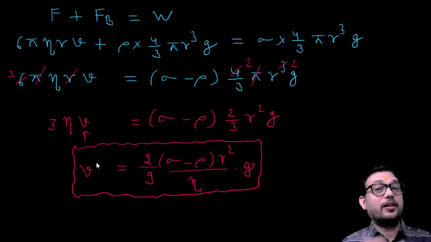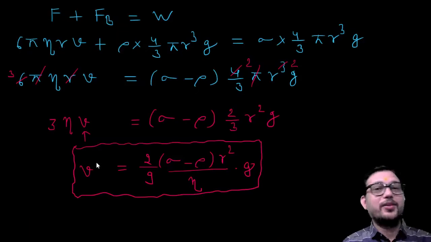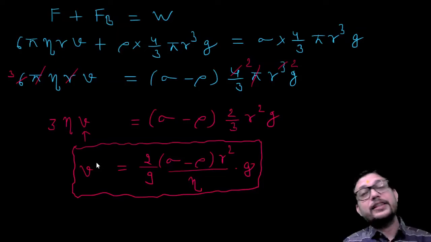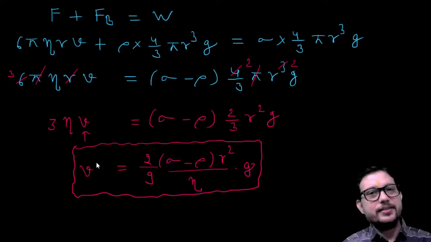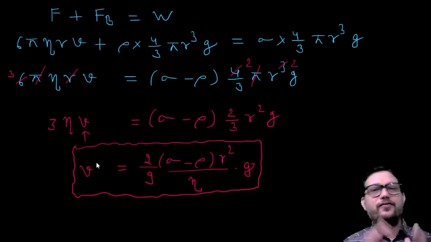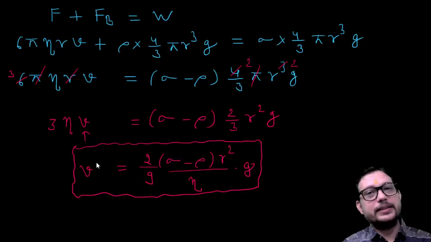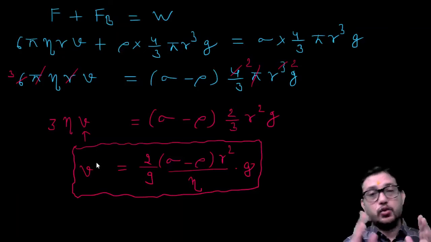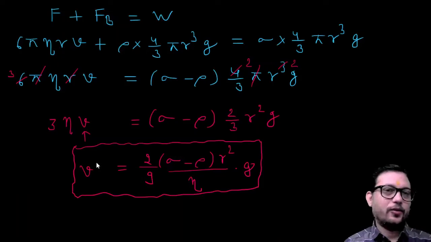So the question is how many forces are there, what is the nature of the forces, what is the direction of each particular force, and after that we will balance and we get the final result as v equal to 2 by 9 sigma minus rho r square over eta times g. So I hope and I believe that this topic is clear now.